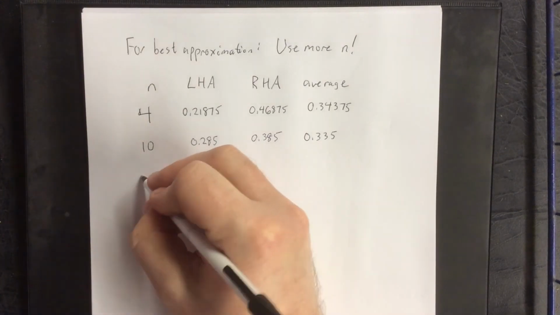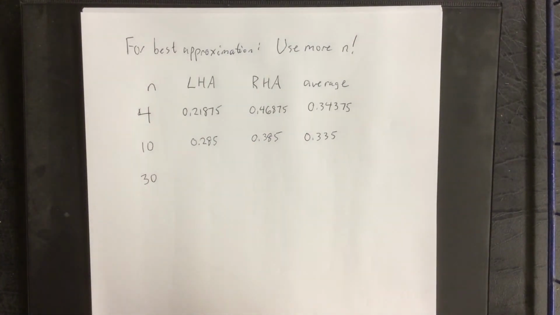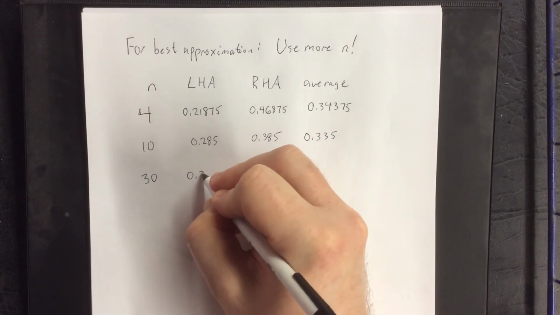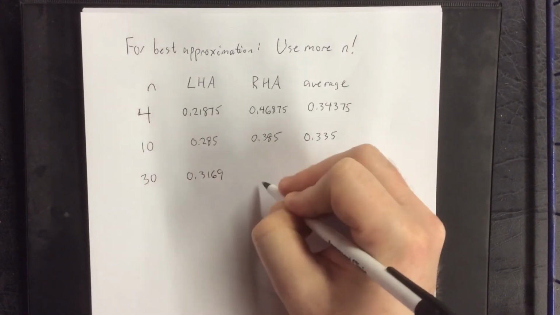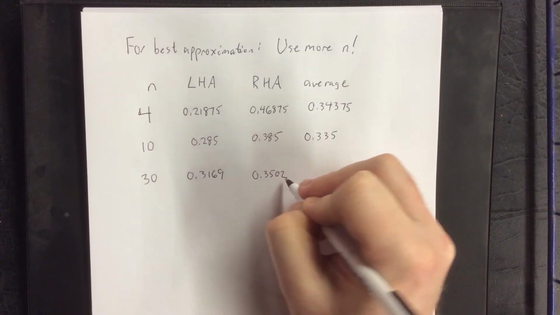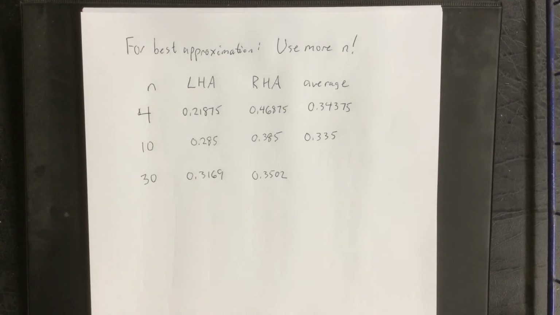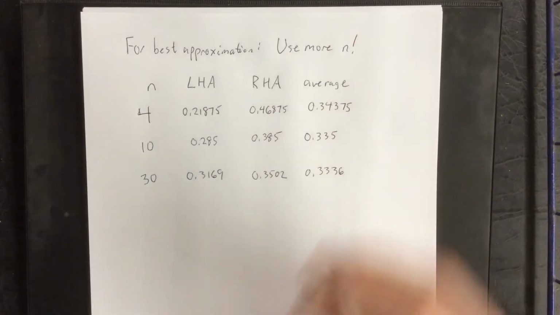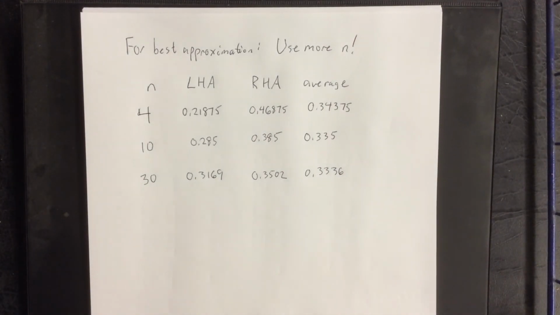If you were to dial this up to n equals 30, which is a lot of calculating, you get a left-hand approximation of about 0.3169 and a right-hand approximation of about 0.3502. The average of these two values, well, I'm going to need my calculator for this one. 0.3502, divide that in 2. I'm getting about 0.3336 when rounded to the fourth decimal place.